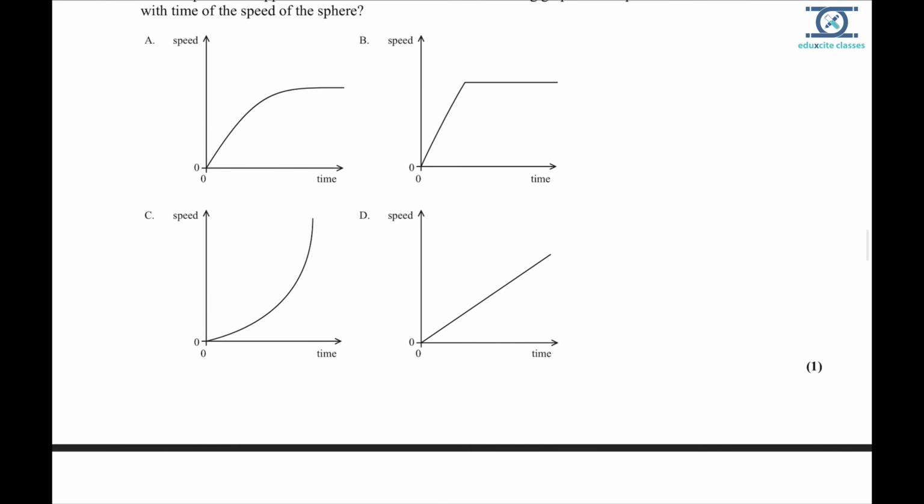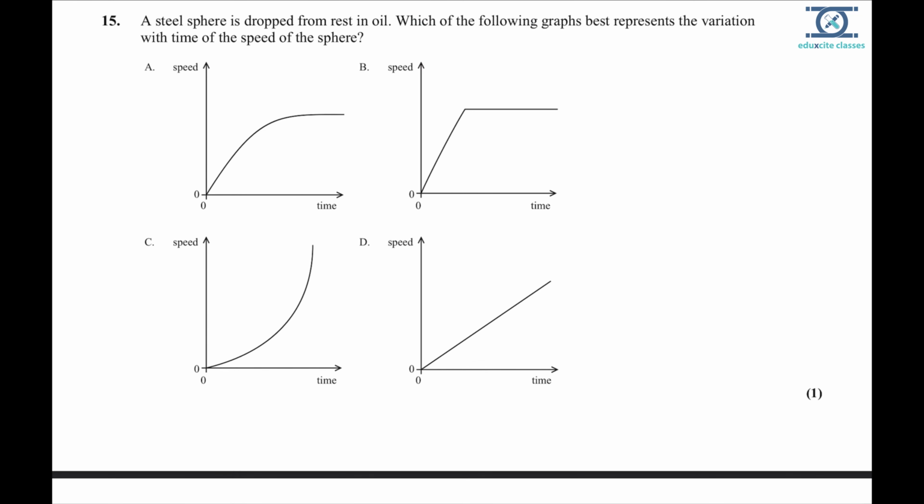Okay, now question number 15, again the steel sphere is dropped from rest in an oil. Let us say this is oil filled in a long container. It is a steel sphere being dropped in this container.